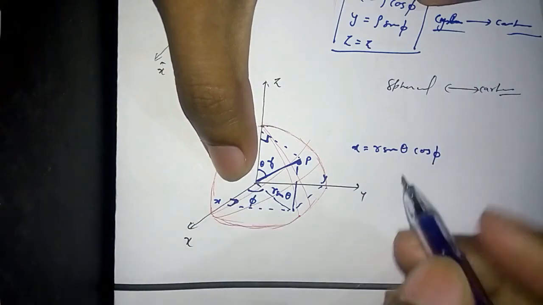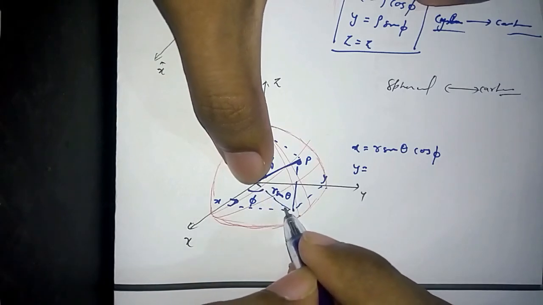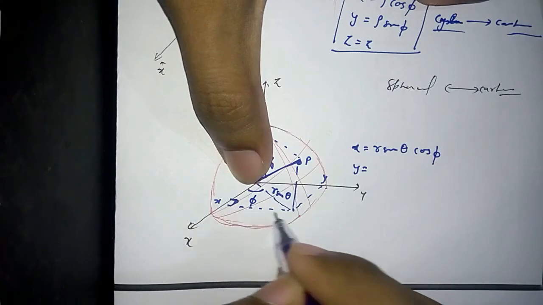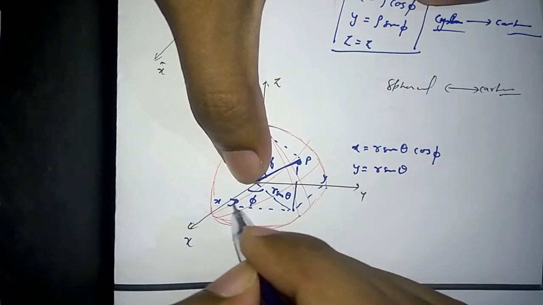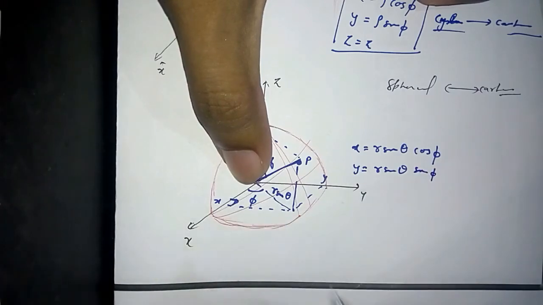Similarly y, r sin theta is the hypotenuse side, okay. So this side is equal to y, r sin theta, hypotenuse side, into sin phi because the angle is not making with this y.